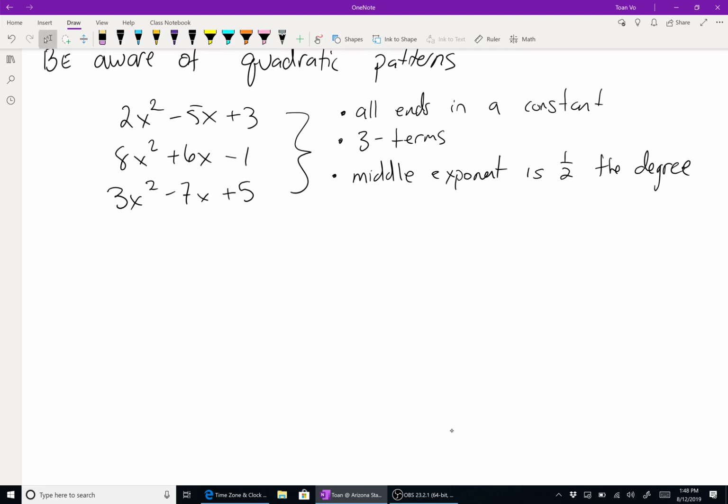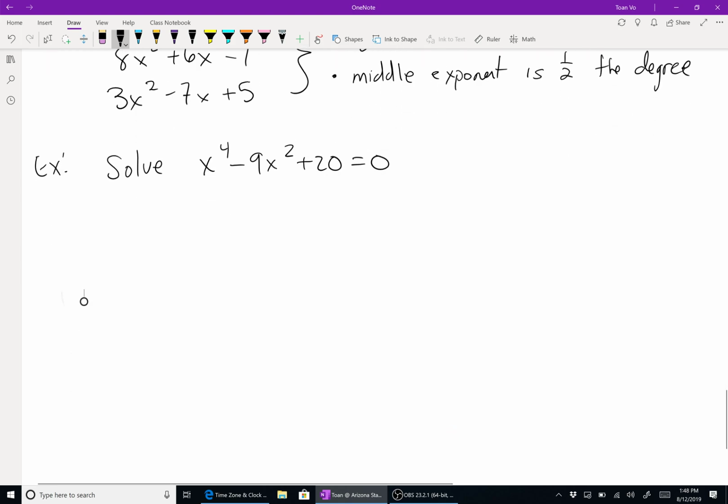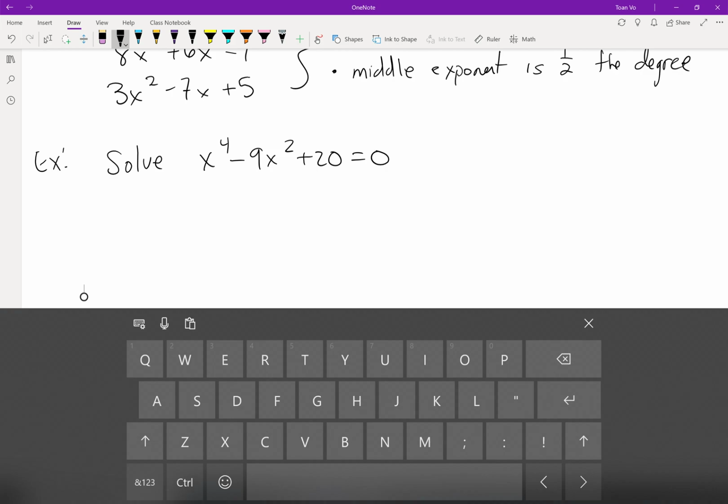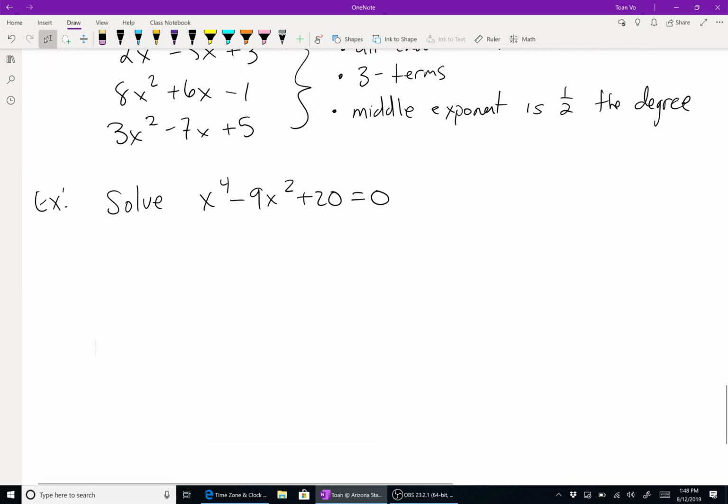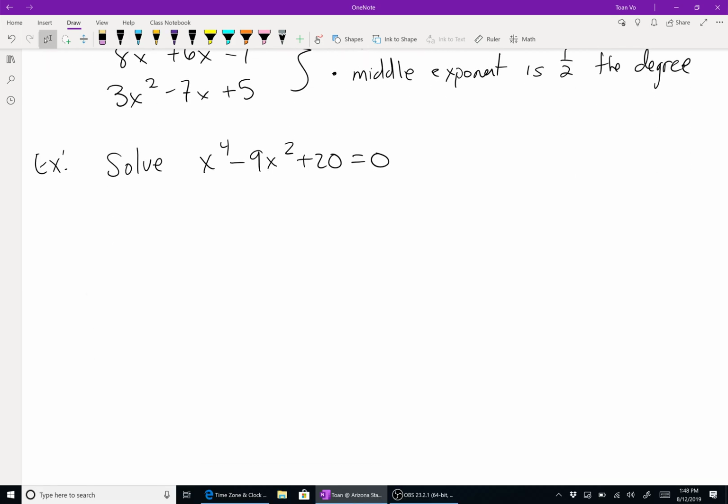For example, suppose I ask you to solve x to the 4th minus 9x squared plus 20 equals 0. At first blush, it's like, oh my goodness, Mr. Vo, you haven't taught us this yet. We're talking about quadratics, and all of a sudden you gave us an x to the 4th. Yes, this is something I haven't taught you guys yet.